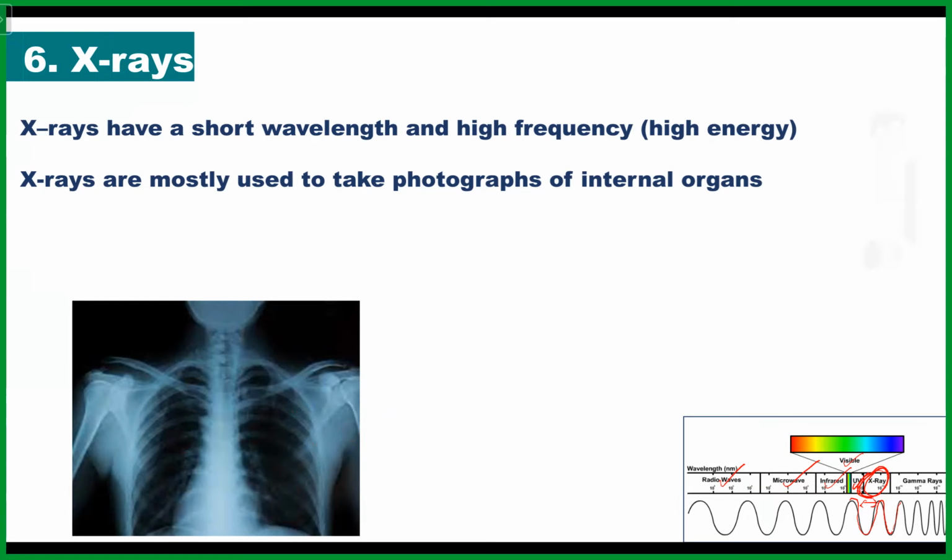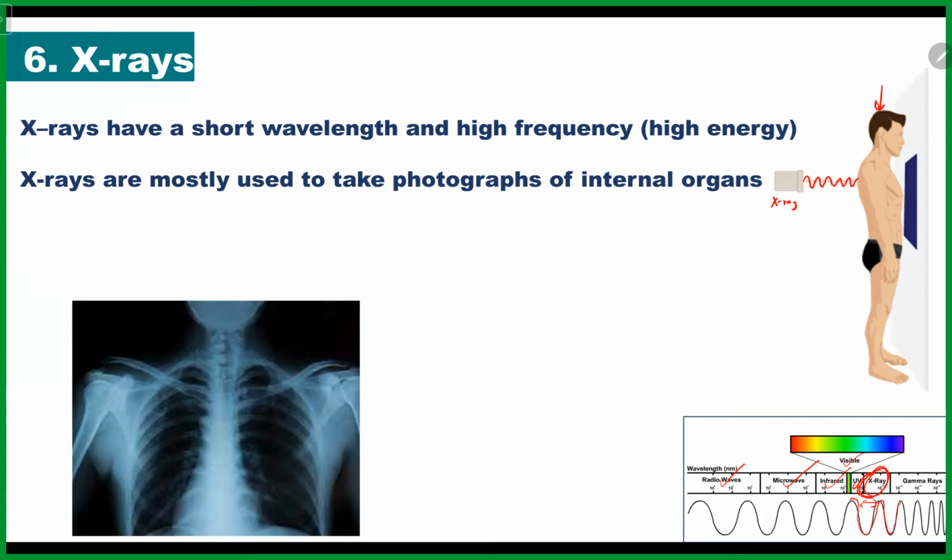So how X-ray photographs work is that the person is made to stand in front of the X-ray machine, and the X-ray machine would release these X-rays, and X-rays are high energy waves, so they are able to penetrate through the human body. And if these X-rays pass through a soft tissue, these X-rays would come out through the other side of the body and onto this X-ray film, right?